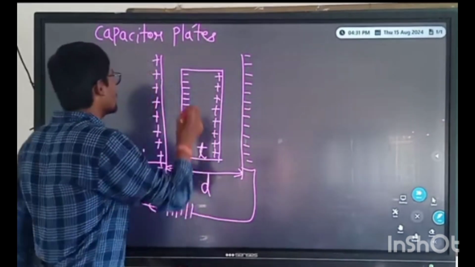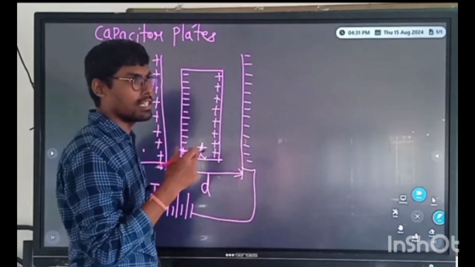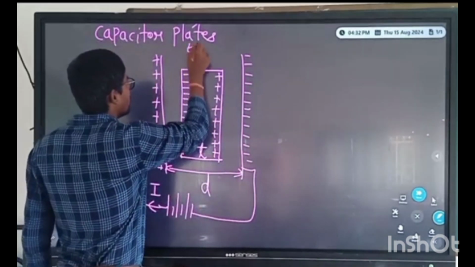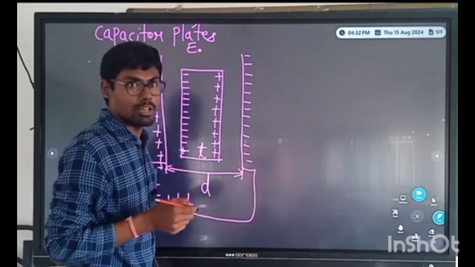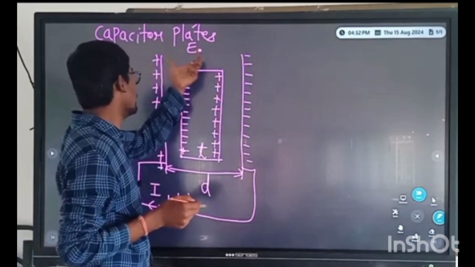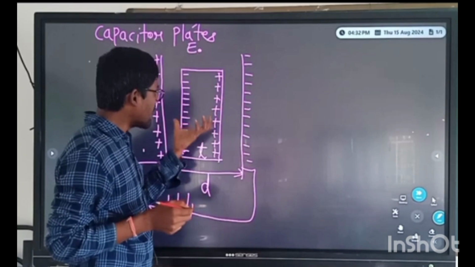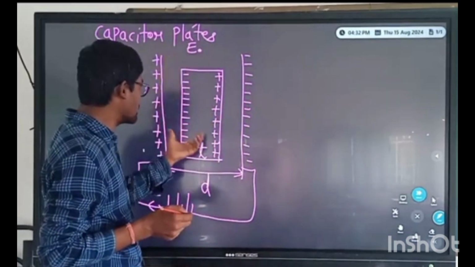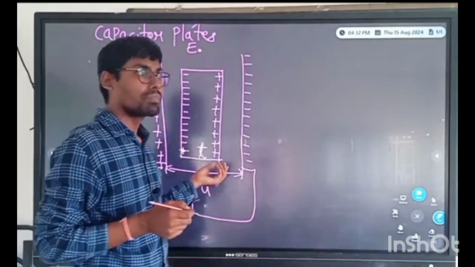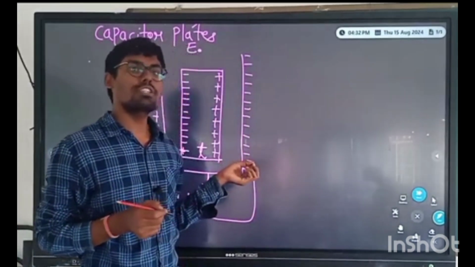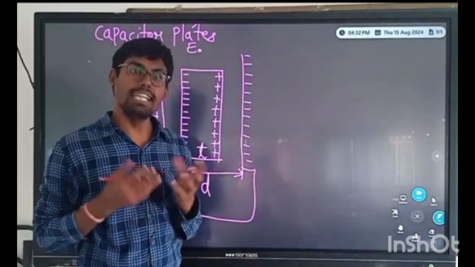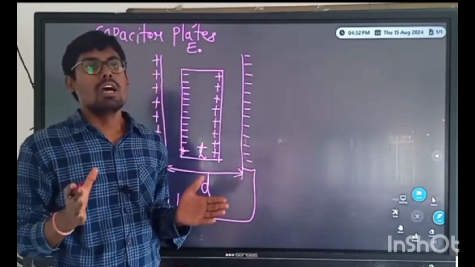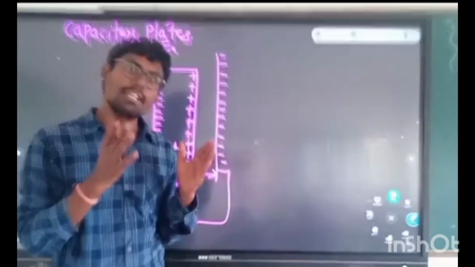Now see, earlier when no dielectric was inserted, the external electric field was E naught. Now opposite charges appear inside the dielectric slab, so the electric field will decrease. When we introduce the dielectric slab between the two capacitor plates, the external electric field will reduce.